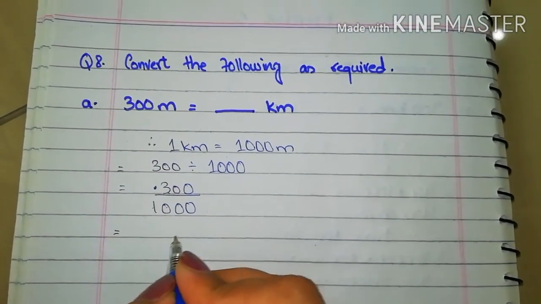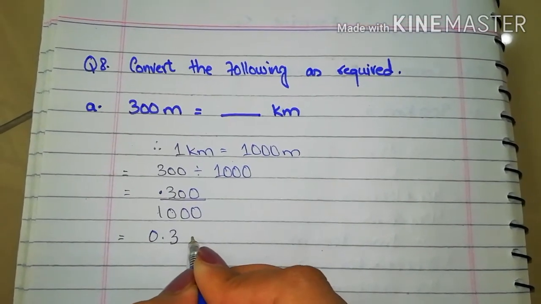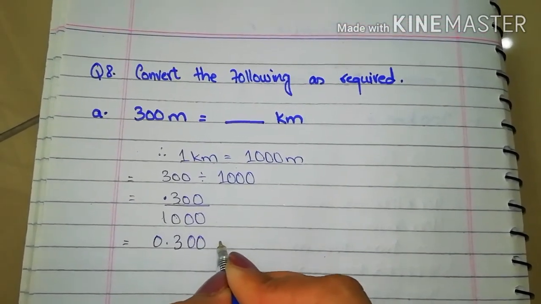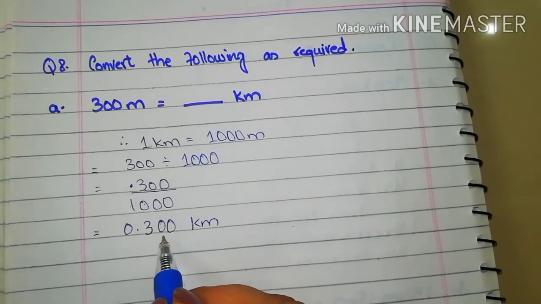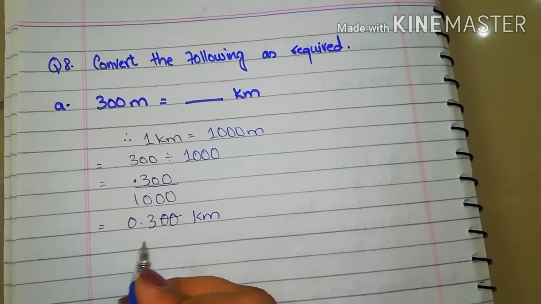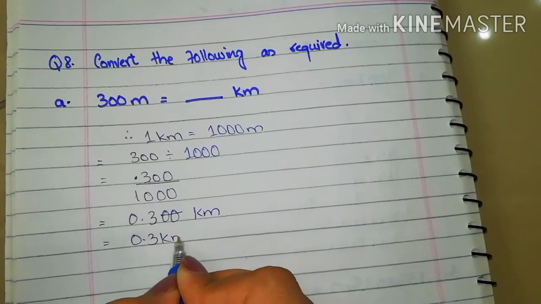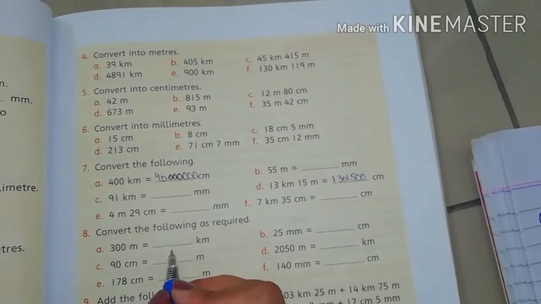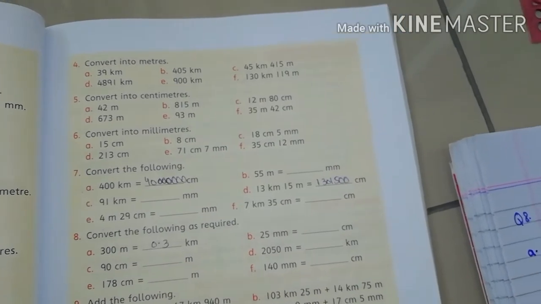So the answer we get is 0.300 kilometer. Dear students, these two zeros are unnecessary, so we cut them. So the answer is 0.3 kilometer.